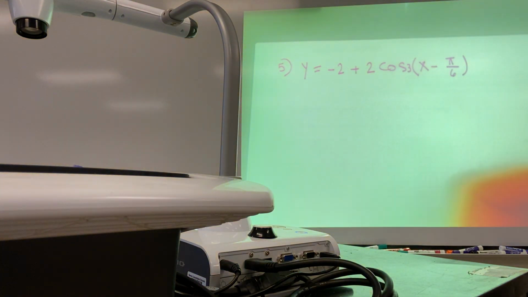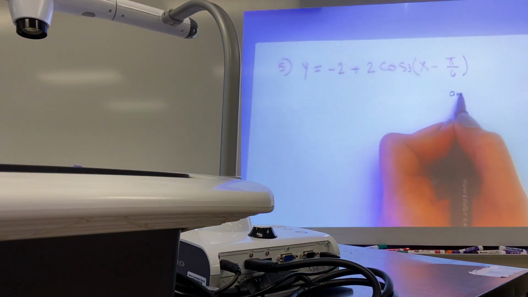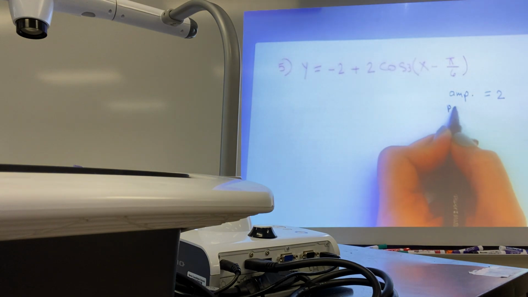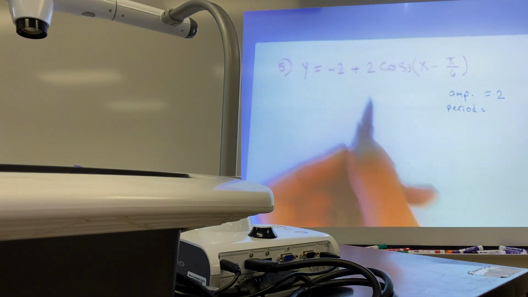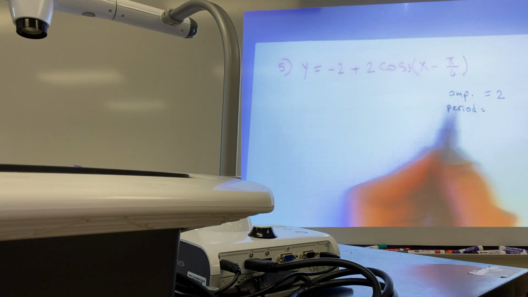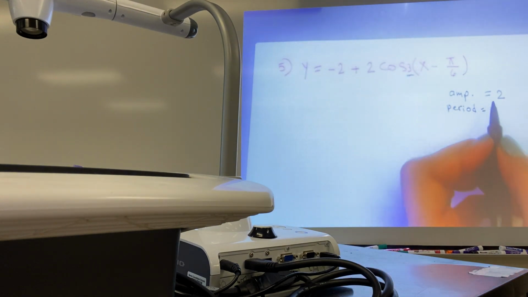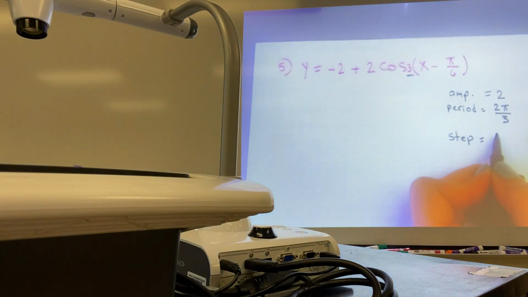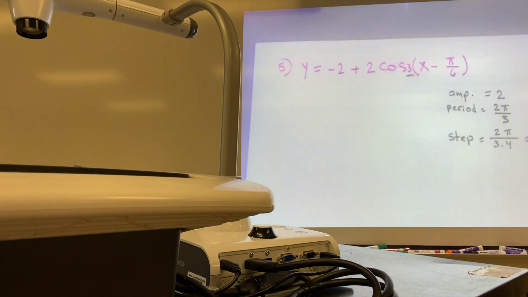Amplitude is 2. Period is 2 pi over b, and b is 3, and that is 2 pi over 3. Step is the 2 pi over 3 divided by 4, so that will be pi over 6.